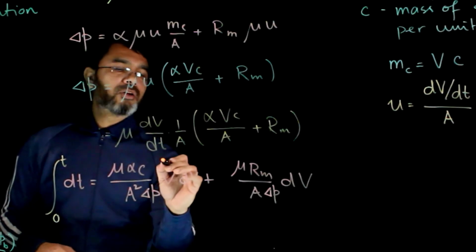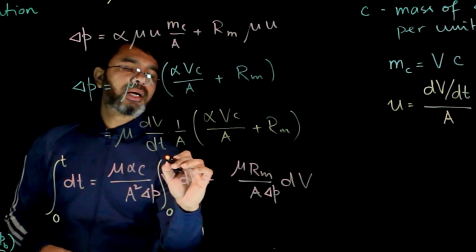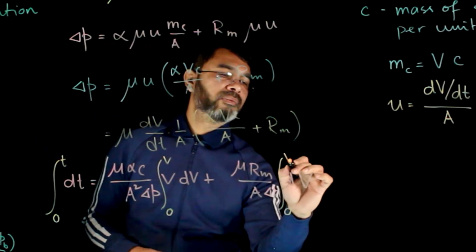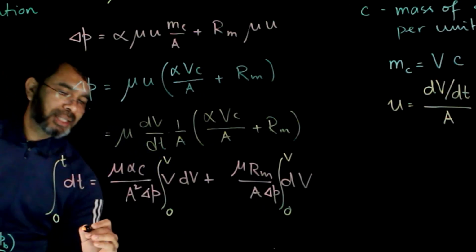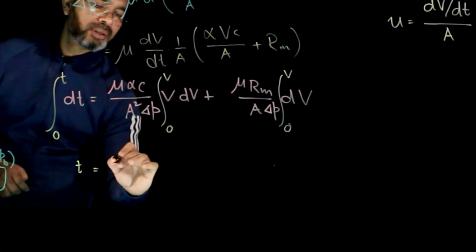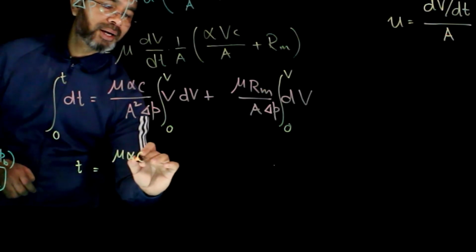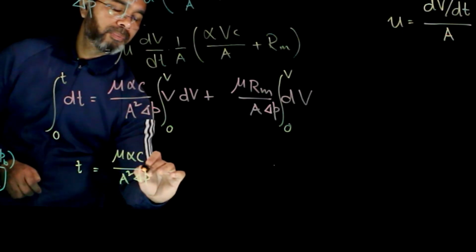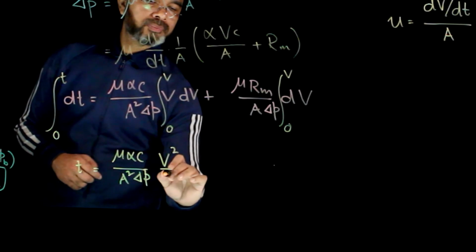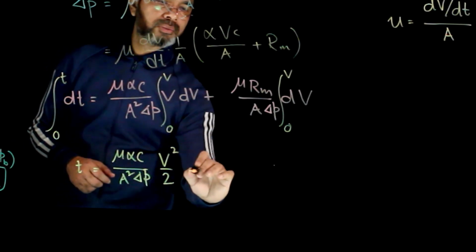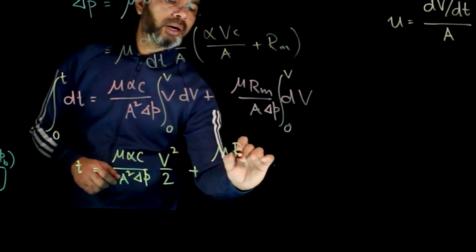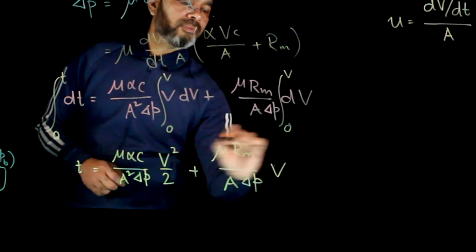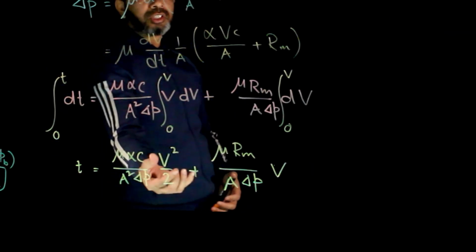At time 0 there is no volume collected, so that's also 0, and we can have this limit to be V and 0 and V. And if we do this integration, on the left-hand side we will have t equals mu alpha C A squared delta P V squared over 2 plus mu Rm over A delta P V. Now this is the equation of t as a function of V squared and V.